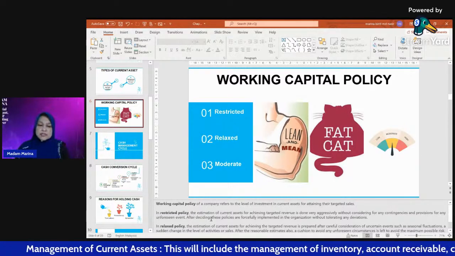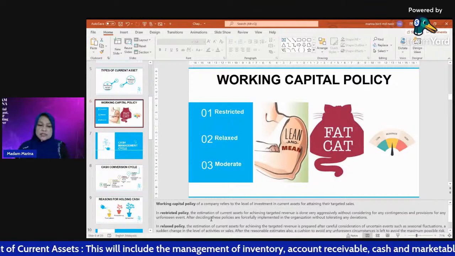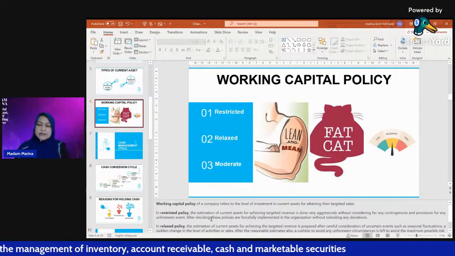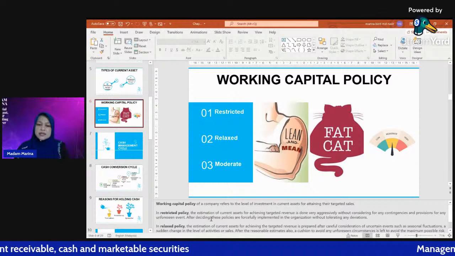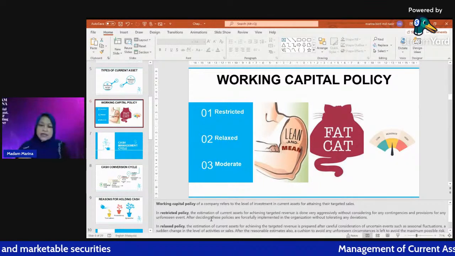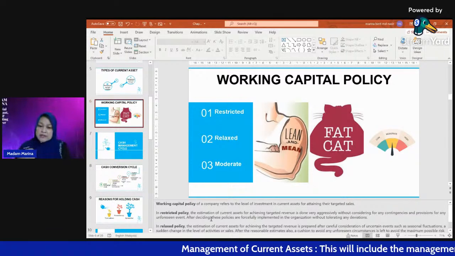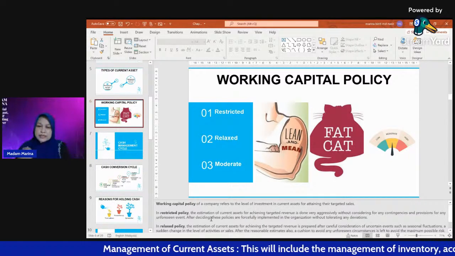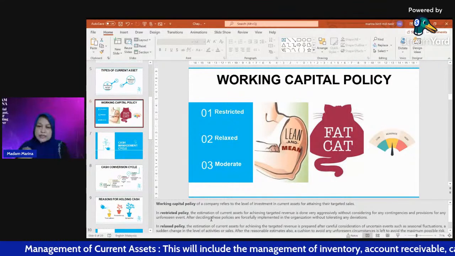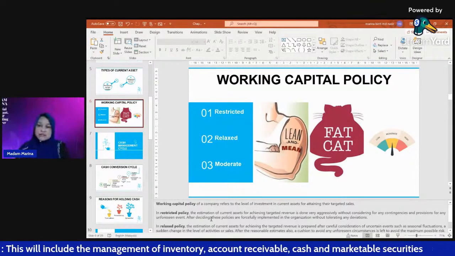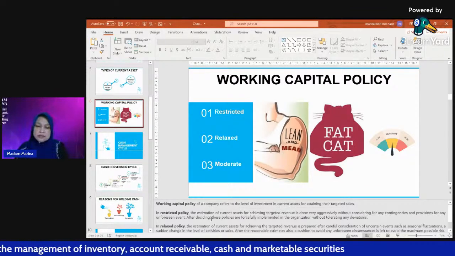After deciding, these policies are forcefully implemented in the organization without tolerating any deviation. Restricted means that there is a certain level of current asset or targeted revenue that the business needs to achieve. This is the restricted policy.